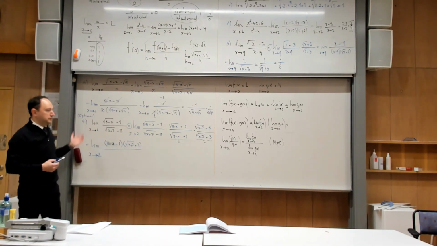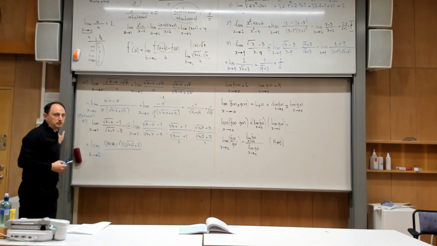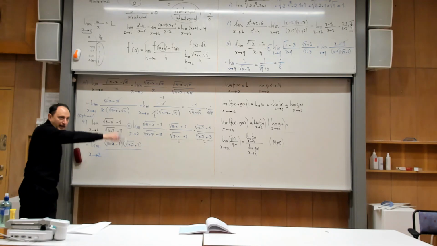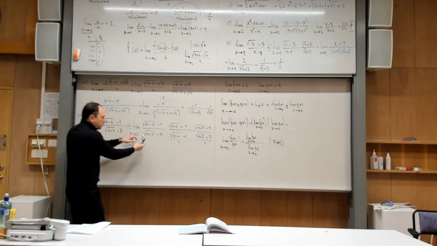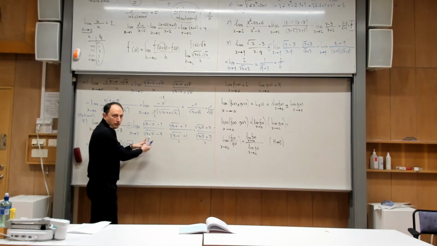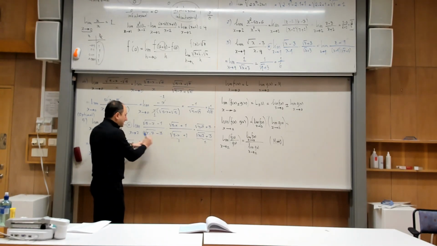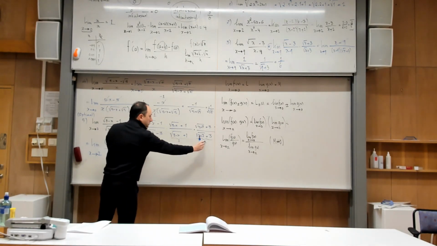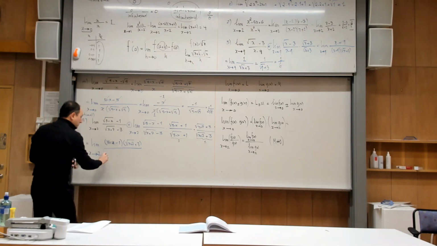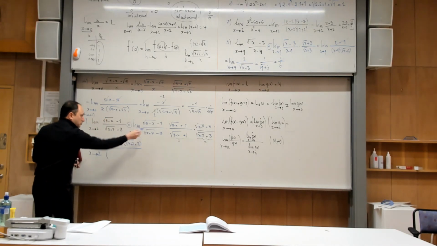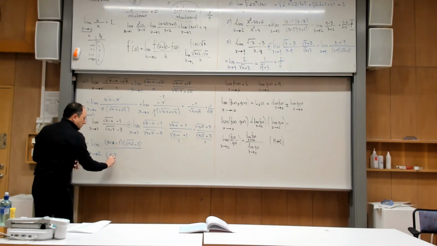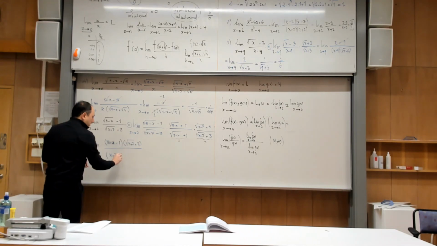Which one do you prefer to multiply together first? Yes? The conjugate. The first one and the third one. Yes. Of course, I can multiply this by that, but I'm making life harder for myself. So I will take this one and multiply it here. So what would be the answer? The first one squared minus the second one squared.